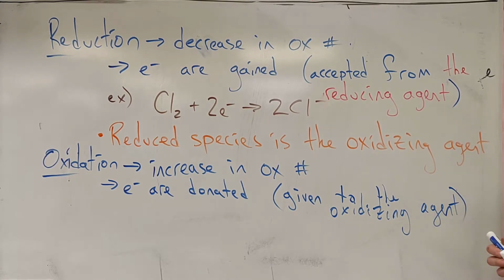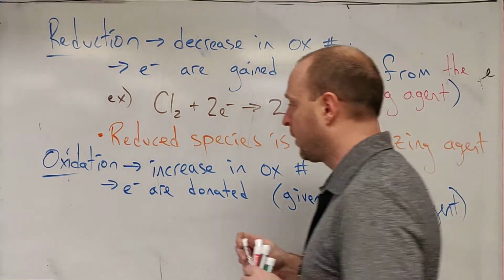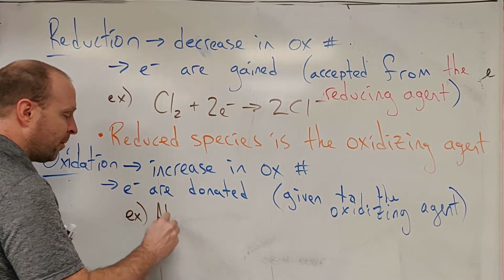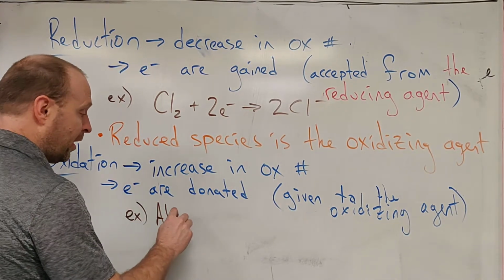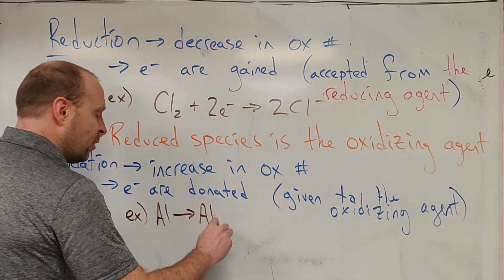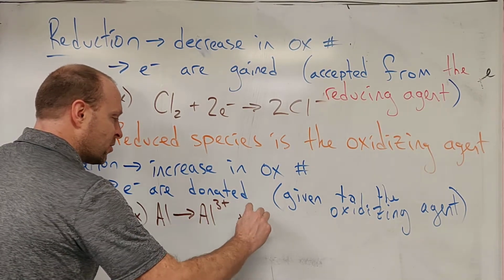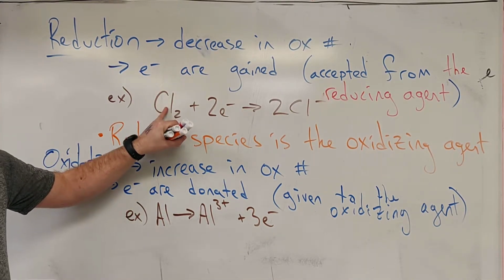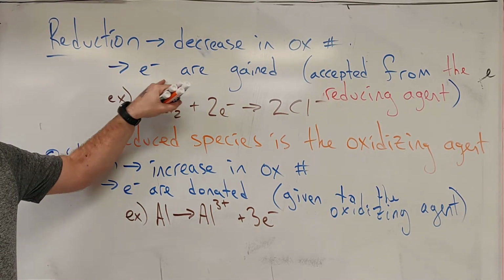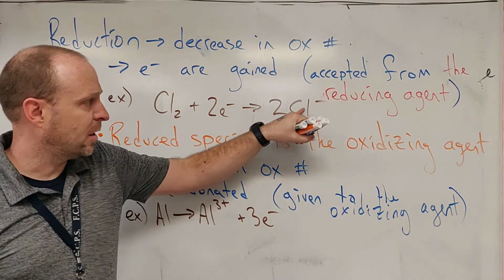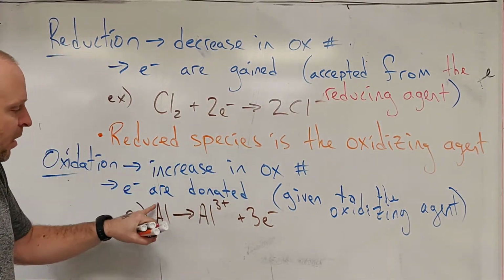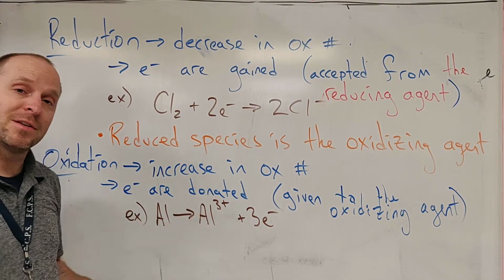All right, sorry, it's getting a little sloppy there. If we look at a simple example like aluminum metal will give away 3 electrons, and you end up with Al3+ and those 3 electrons. Just like here, we went from an oxidation state of 0 in its elemental state to an oxidation state of 1-. 0 to 1- is a decrease. 0 to 3+ is an increase.